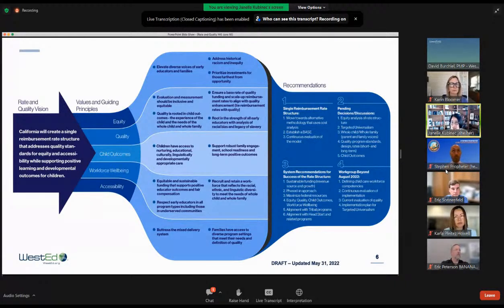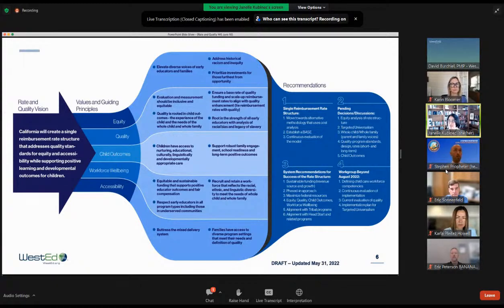And again, some of these we certainly will be taking time in this meeting as well as future meetings talking further about, but I think this is where under recommendation number 1, single reimbursement rate structure, establish a base. Today's conversation is focused on what that involves, what it looks like, getting to further detail.